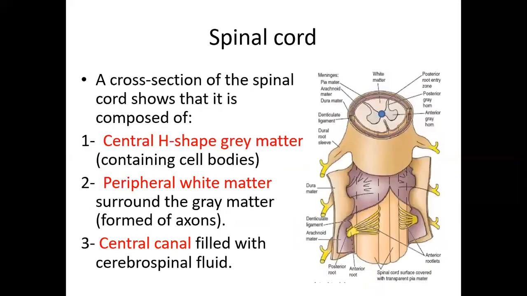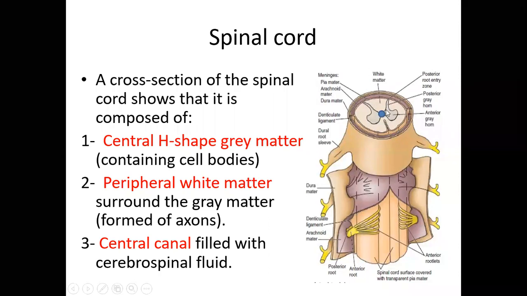So in case of the spinal cord, the gray matter is inside, not outside, in the form of an H-shaped structure. Central H-shaped gray matter containing the cell bodies. So wherever there is gray matter, it will be cell bodies, and around will be the white matter, where the fibers will be running. White matter outside, gray matter inside. Okay.